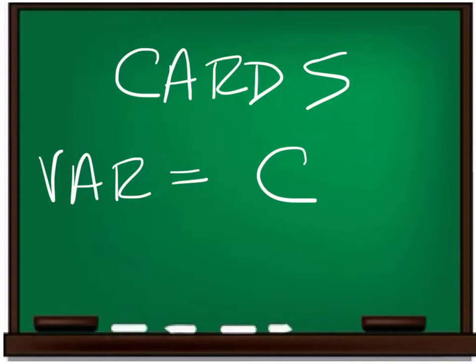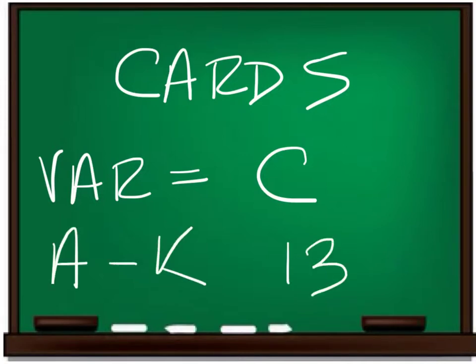Now, you don't have to consider suit. You don't have to have ace of hearts or an ace of spades differentiation. So in other words, you can really only have 13 cards that you have to generate randomly. And those would be ace through king. If you generate a random number from 1 to 13, you can assign those cards to each number.